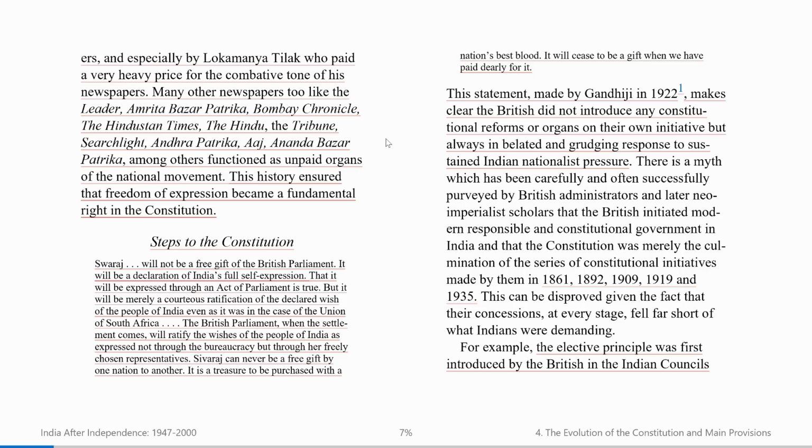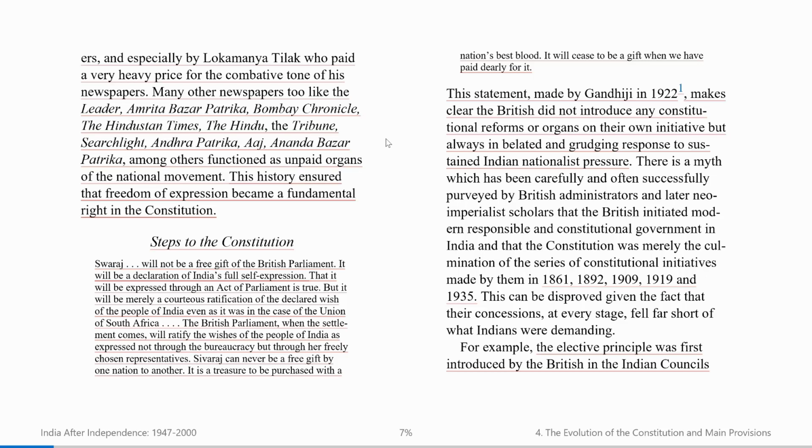Okay. So this statement made it clear that Britishers did not introduce any constitutional reform or organs on their own initiative, but always in belated and grudging response to the sustained national pressure, be it in 1861, 1892, 1909, 1919, or 1935. It was snatched, it was through pressure, not through anything else.